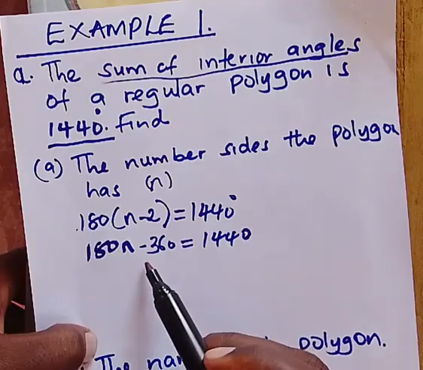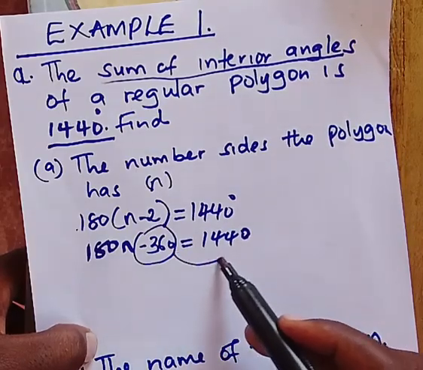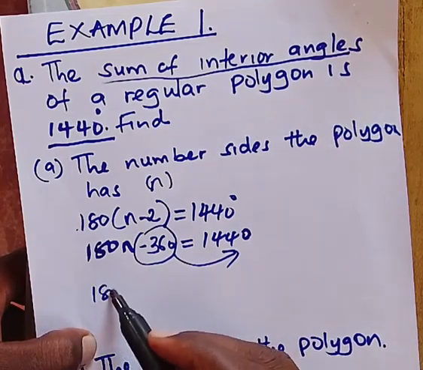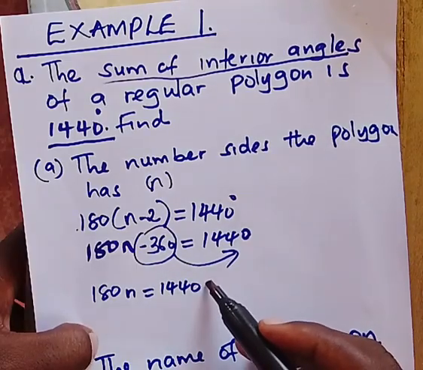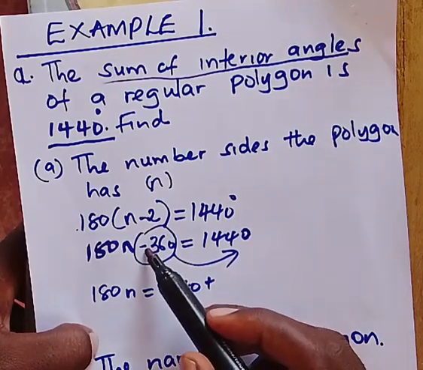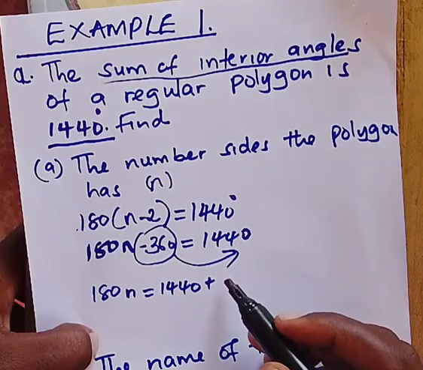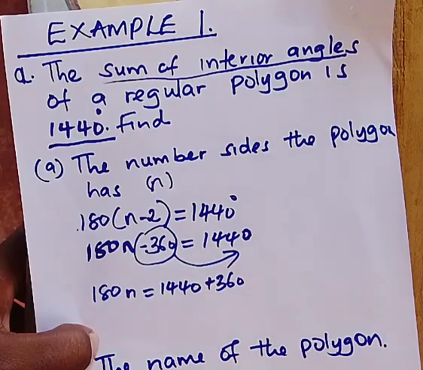Now we want to remain with 180n here, so you will take this 360 to the other side, putting the like terms together. So I'll have 180n is equal to 1440 plus, this was negative, when it crosses the equal sign, it becomes positive, so plus 360.